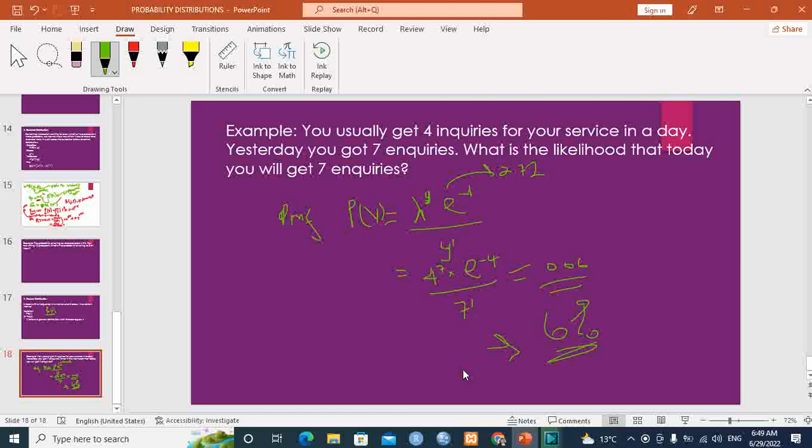Maybe yesterday's inquiries were pushed by some external forces, but you have to look at your data again and see what might have incited people to call you 7 times, much higher than the 4 you are used to. So that is how we calculate the Poisson distribution in a nutshell.